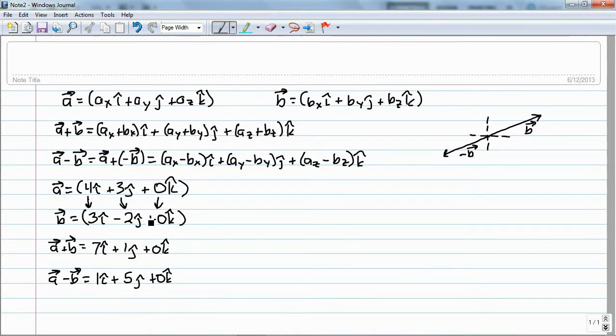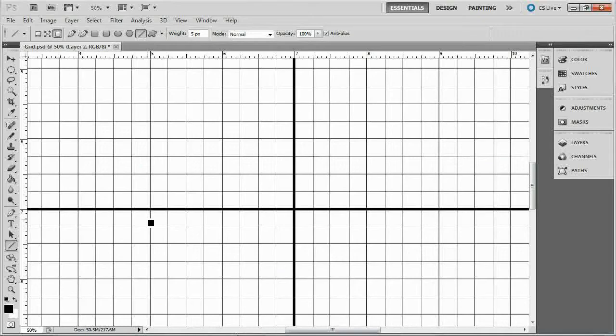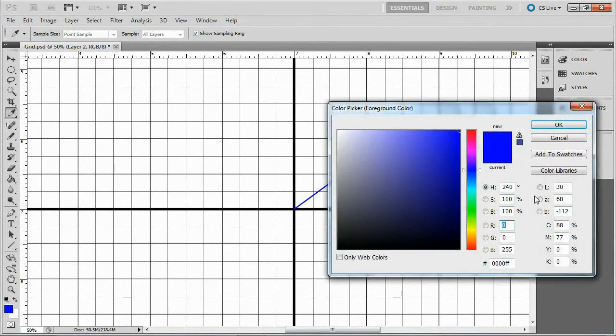So let's look at how this would be represented in Cartesian coordinates. So let's draw the vectors. I'm going to draw my first vector in blue, and that was 4 over and up 3. Now my next vector, I'm going to do that in red.